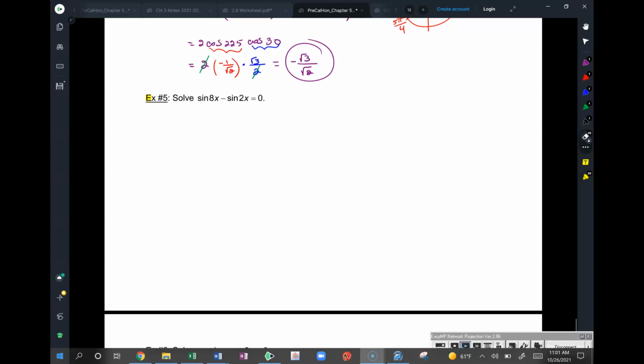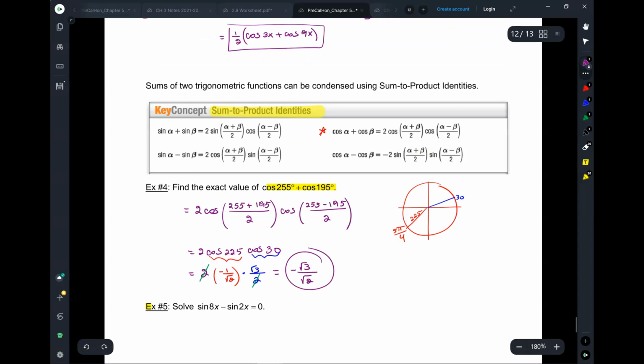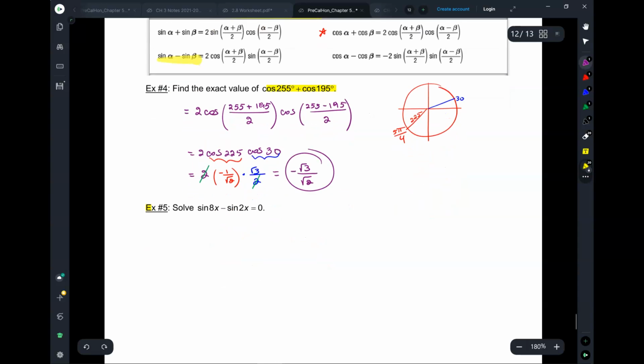So this pattern, sine of an angle minus sine of a different angle, is from here. So we're going to apply that to this.